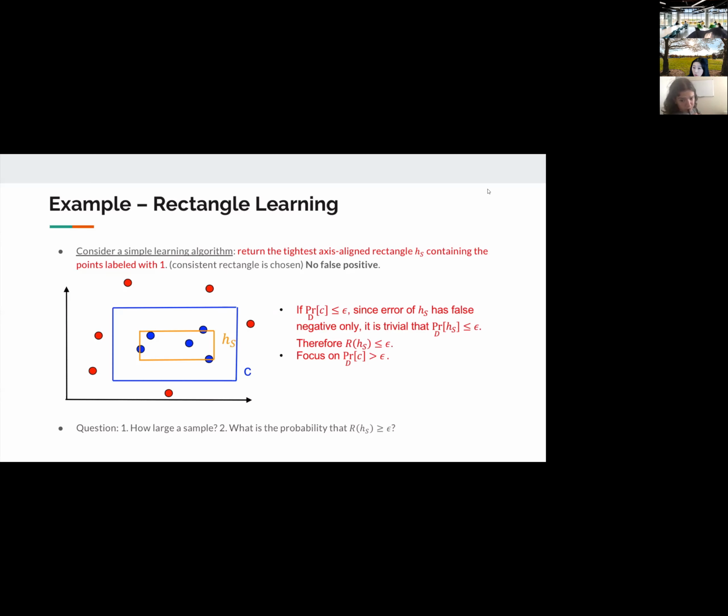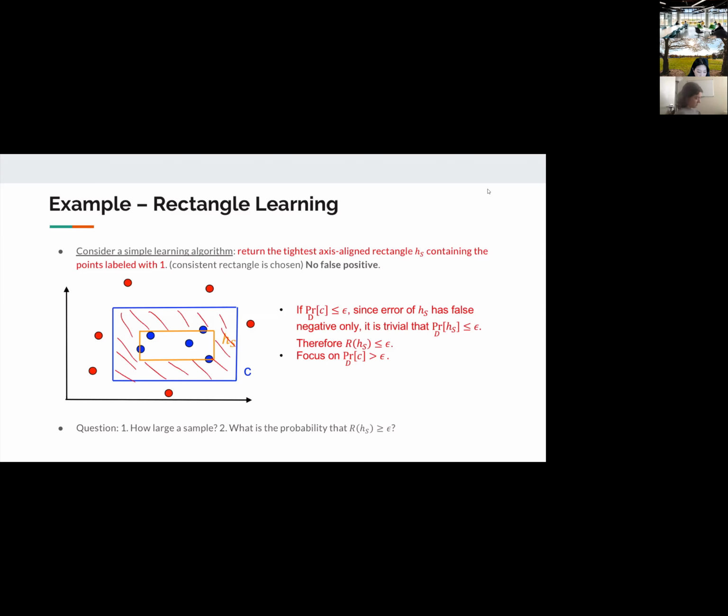So it is trivial to see that the probability of HS is going to be smaller than or equal to epsilon. Basically, you can see from the figure here, it is going to be within this. These are the areas where you will make mistakes.